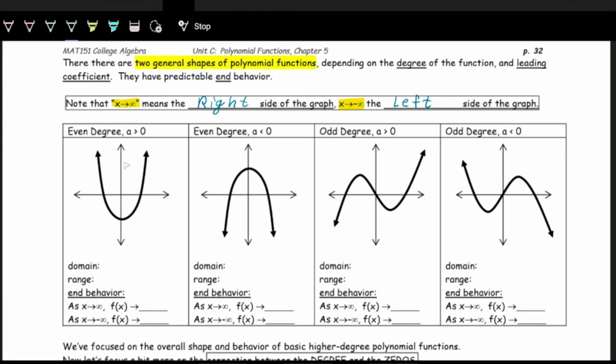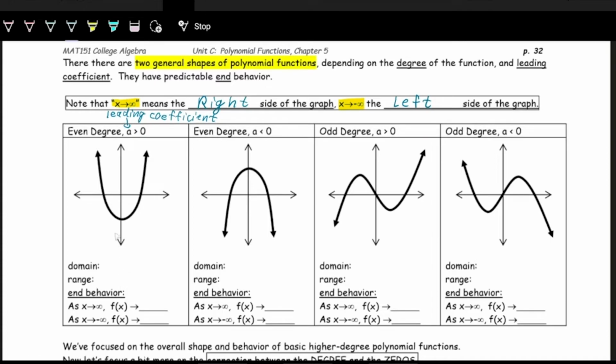So we'll break it up into 4 cases. The first case is if you have an even degree and the leading coefficient a is positive. So remember that a here is the leading coefficient. So if it's an even degree and the leading coefficient is positive, then you have your graph opening up.